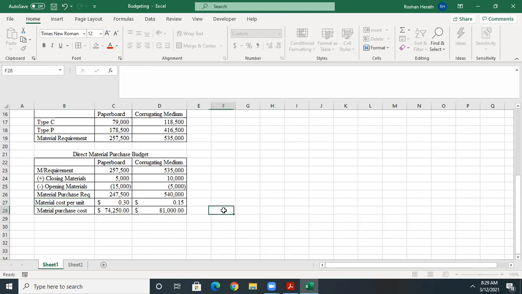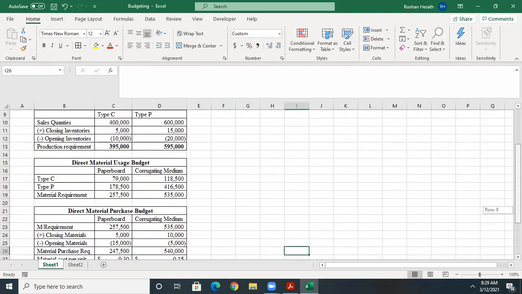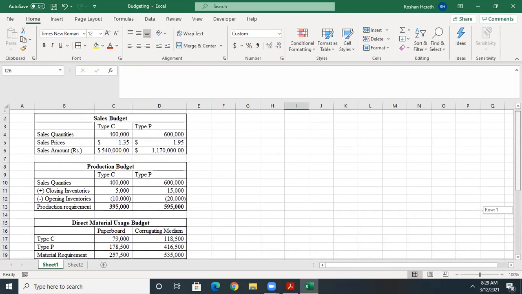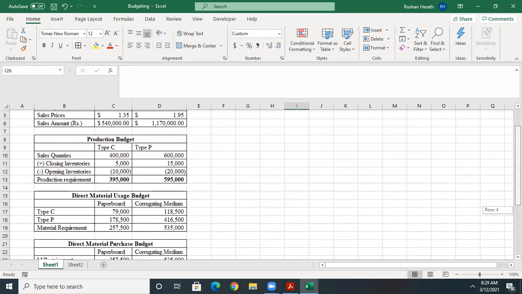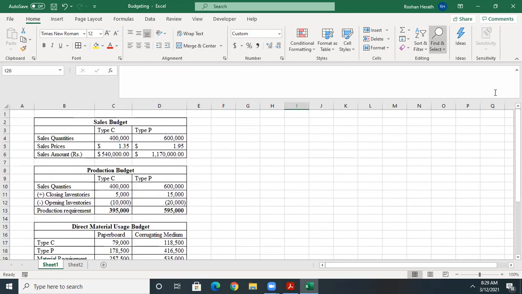Material cost per unit. So this is your direct material purchase requirement. So when you work out the amount, we are done so far with the sales, production, direct material usage, and direct material purchase.